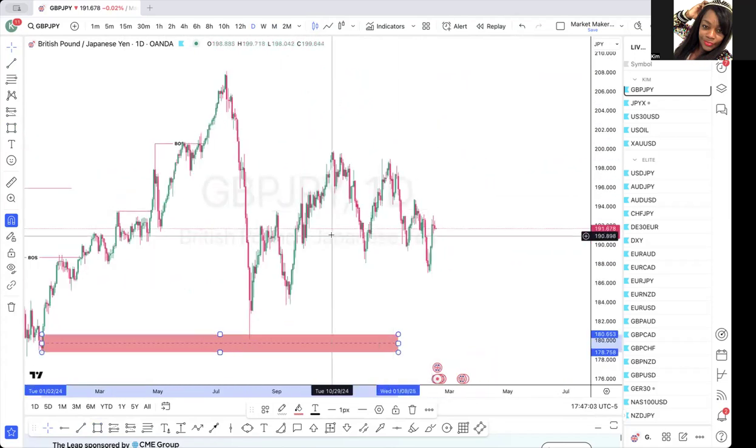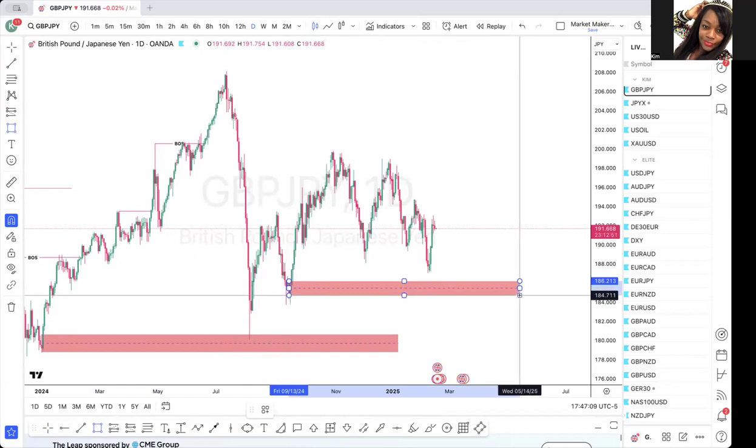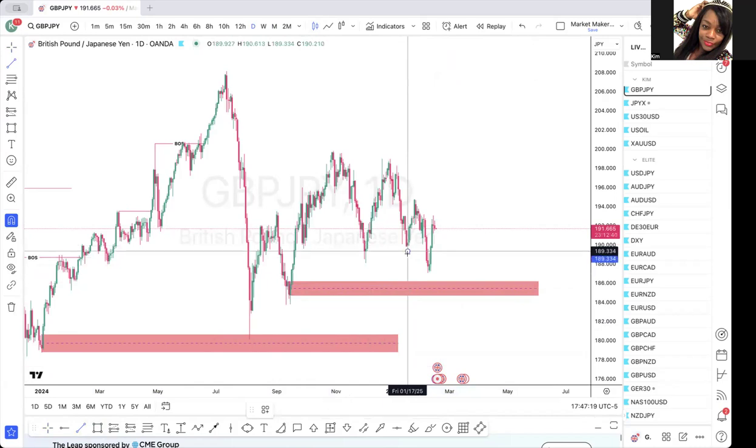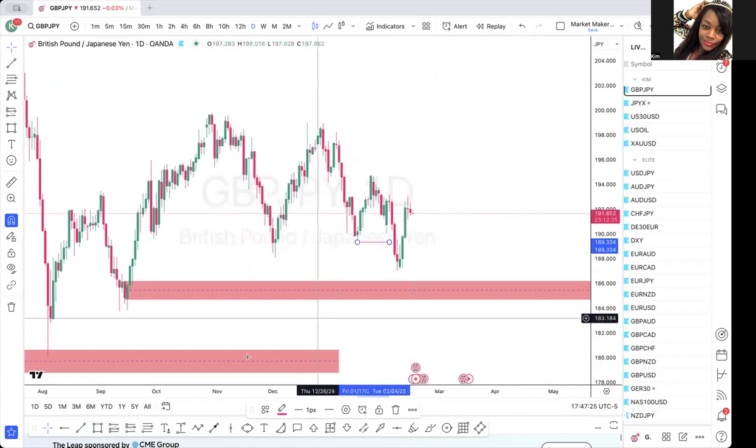So my next demand area is here. So I am expecting price to sell down to here. Based on structure, you have your daily structure here. You have this break of structure here. And this is where I am right now.